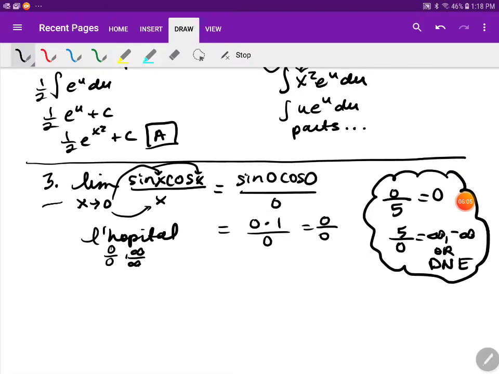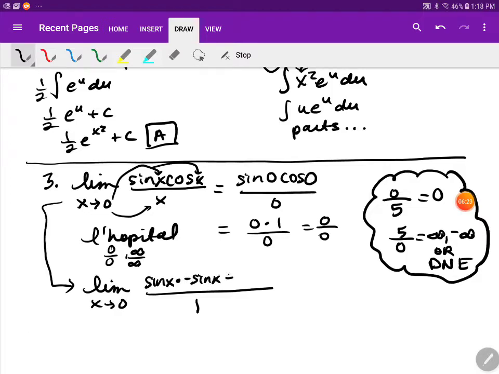Okay, so back to this question. So I do need to use L'Hopital. Limit as x approaches 0. You're not doing the quotient rule. You're just taking the derivative of the top over the derivative of the bottom. Okay, so that's sine x times the derivative of cosine x, which is negative sine x, plus cosine x times the derivative of sine x, which is cosine x.